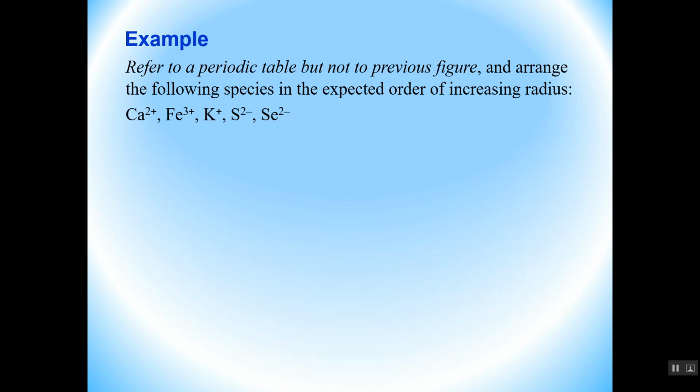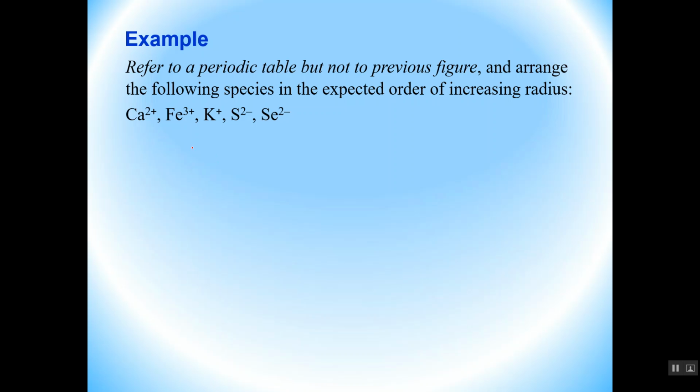And the first thing I notice is that the calcium ion, the potassium ion, and the sulfide ion are in the same period, all right? Also, they're isoelectronic. They all have the same number of electrons, which would be 18, all right?